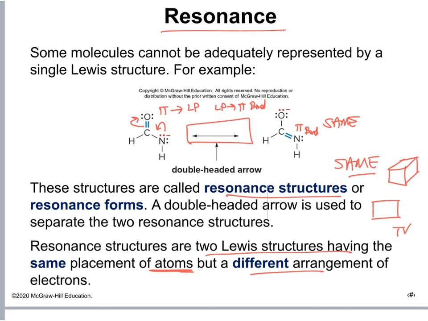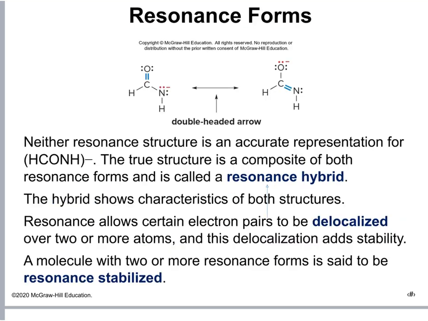I will post an activity that I think is really good for how to draw these curved arrows for the resonance structures. But just so you know, resonance structures are the same, a resonance hybrid. These electrons are delocalized, and a compound has more stability if it's resonance stabilized.